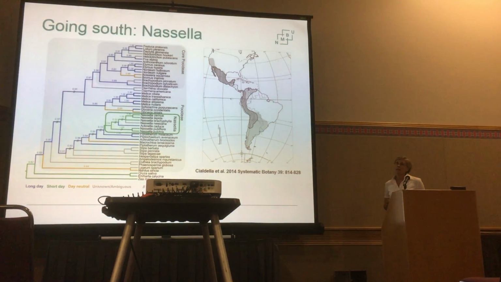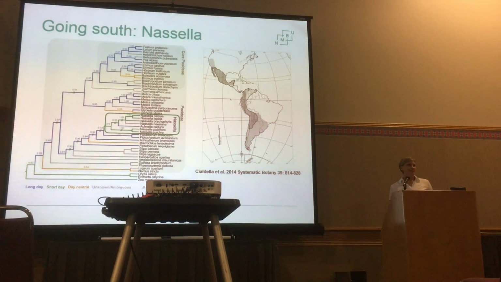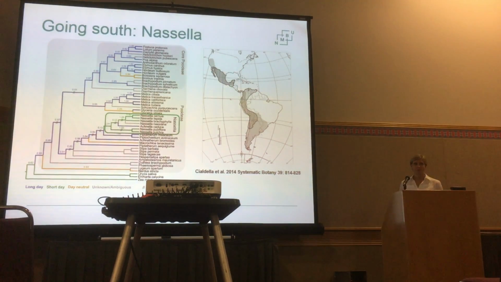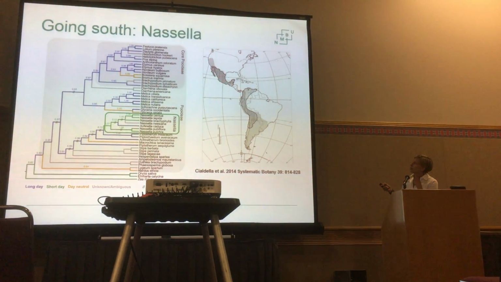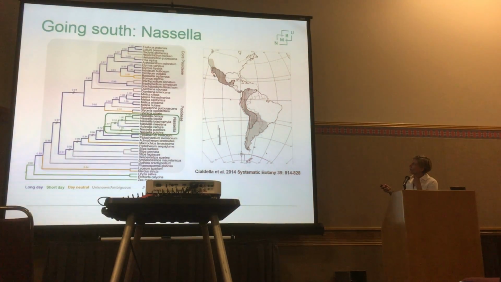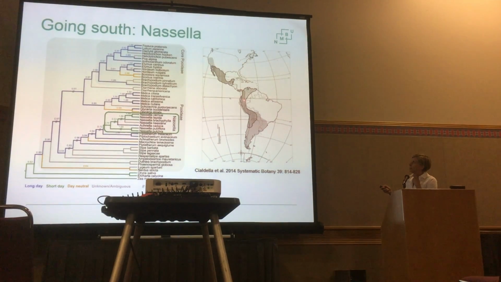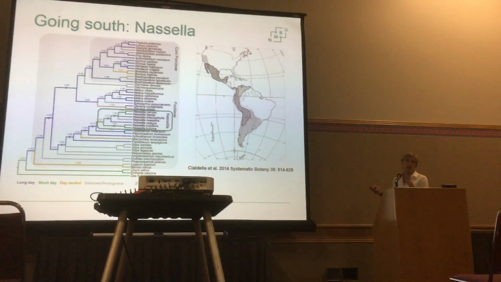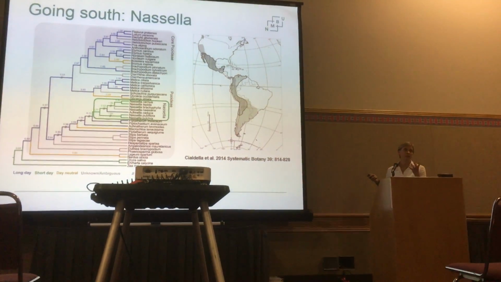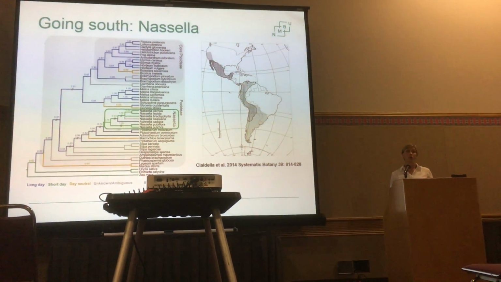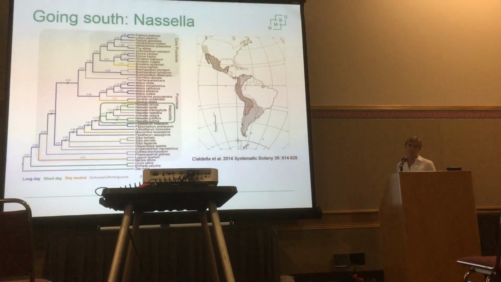Of course, I say that this is a northern temperate group, but it's also a southern temperate group, although they're mostly in the north. The Nassellas are a group that has moved through North America and down to South America, and you find them in montane tropical regions here, where they flower under short days.